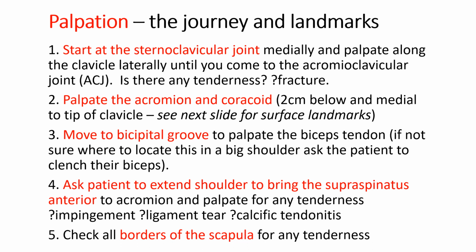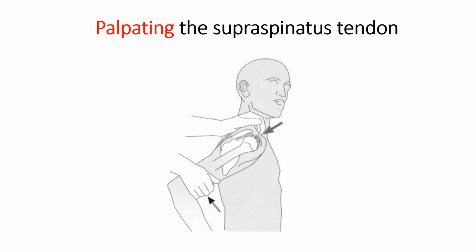Again, just to check the supraspinatus tendon, ask the patient to extend the shoulder backwards, and then palpate over the tendon from behind the patient to check for any tenderness, any tear, where you may not even feel the tendon moving. Also in palpation, you're going to check all the borders of the scapula for any tenderness. This is just a slide to show how you palpate the supraspinatus tendon.